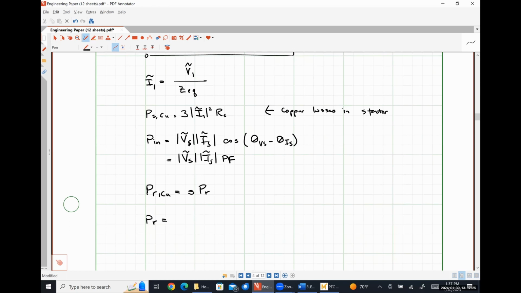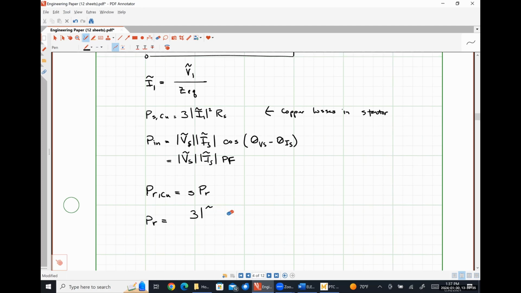So total power delivered to our rotor is 3 times the Thevenin voltage, sorry, I forgot the V there, squared times RR prime over slip, divided by (R Thev plus RR prime over slip) squared plus (X Thev plus XR prime) squared.